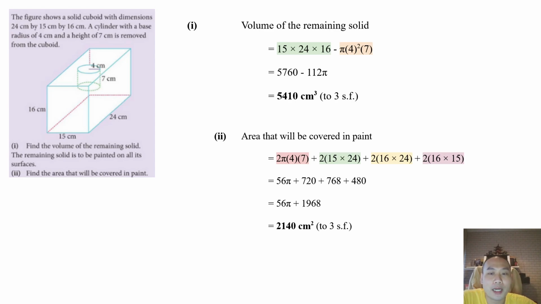So 2 pi r h, where 2 pi r is the circumference, times the height, which is 7. That gives us the curved surface area. And then after that, the cuboid again, front and back, left and right, top and bottom. So all the sides of the cuboid accounted for. You add all the parts up, you will get 2,140 square centimeters.